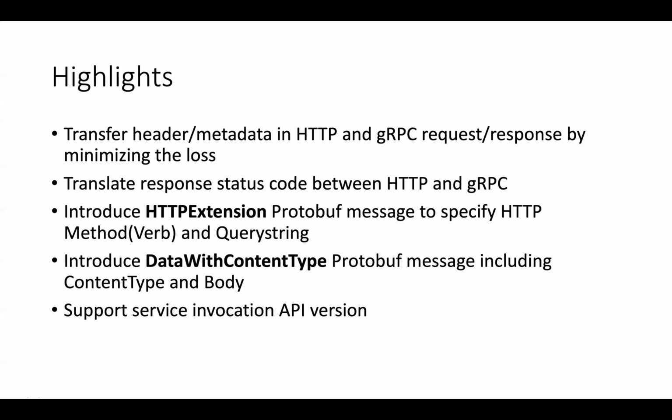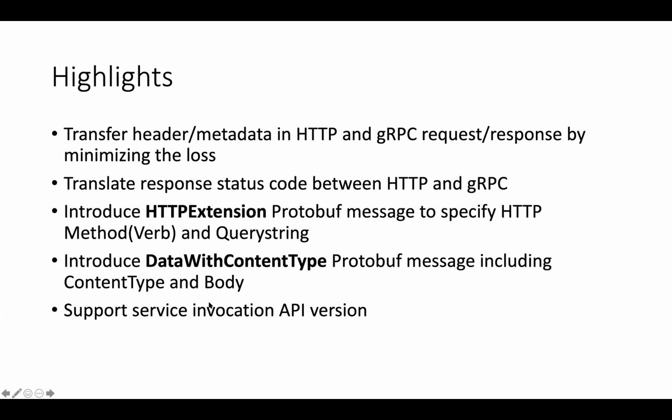There was no way to specify a content type for the request body. With this, even if you're using the gRPC API, you can specify the HTTP content type. We're going to show these examples in the demo. And you can use these protobuf messages for your gRPC to gRPC communication as well.